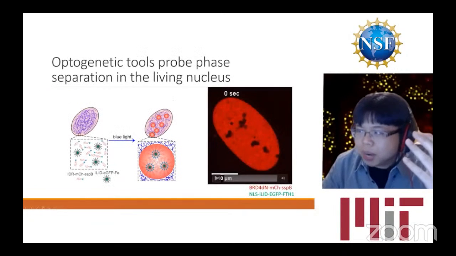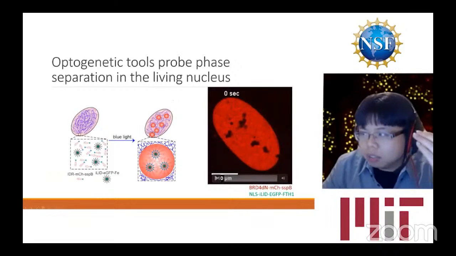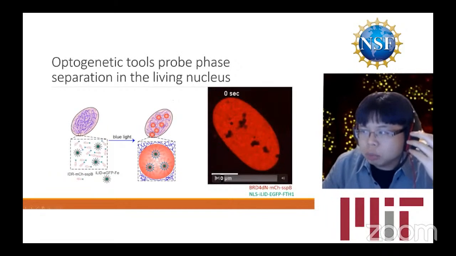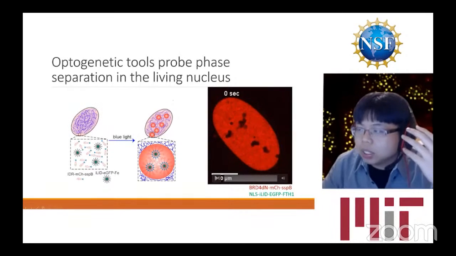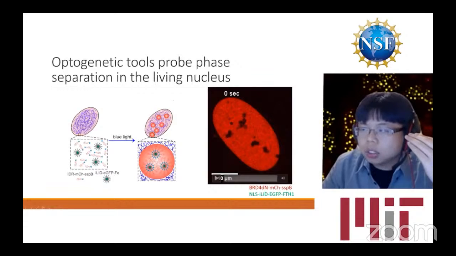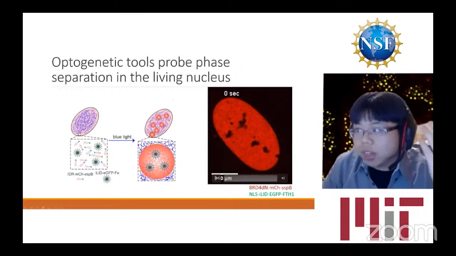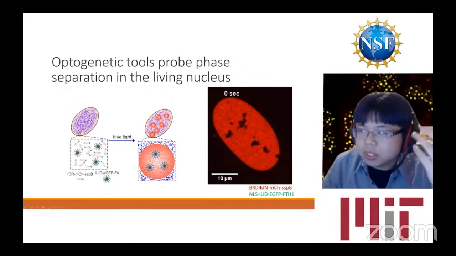In the Brangwyn lab, we have spent a lot of effort trying to build tools to understand this question of how the physics of the living cell deviates from the liquid phase separation that we see in that lava lamp, for instance. Here I'm showing one such tool that we've developed.